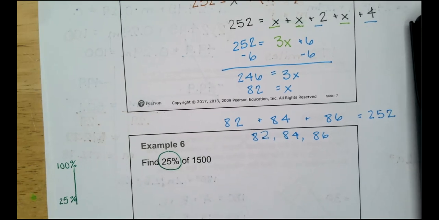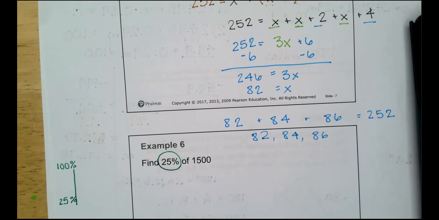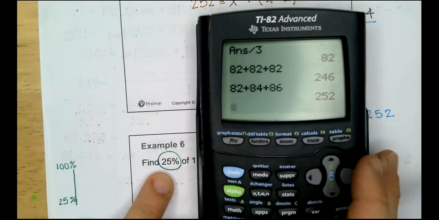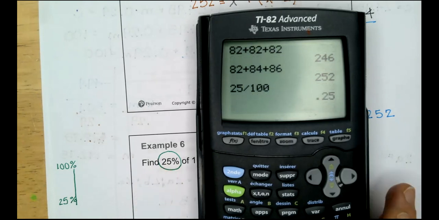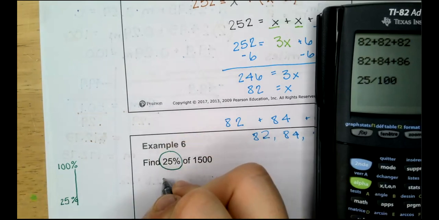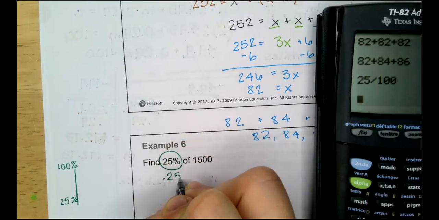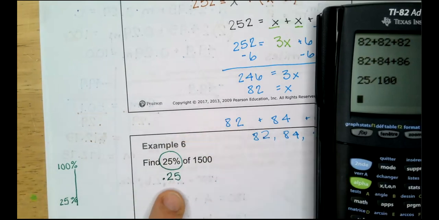We don't need to convert it to a fraction, but we should convert it to a decimal. So a good way to convert a percent to a decimal is take the whole number of it. So 25% is 25, divide that by 100. 25 divided by 100 is 0.25, or maybe you just remembered how to convert between percent and decimal.